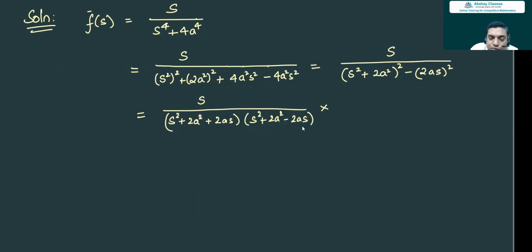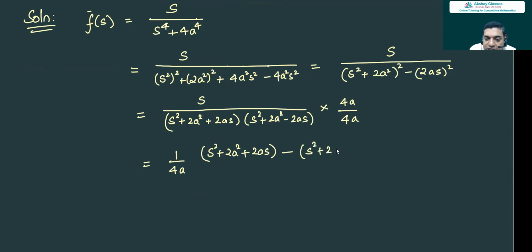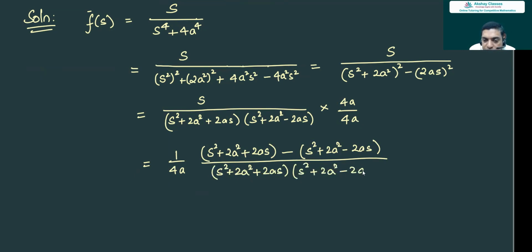I have 2as plus 2as, it is 4as. So if I multiply and divide by 4a, in the numerator I get 4as. So now 1 by 4a, this 4as I can write as s square plus 2a square plus 2as minus s square plus 2a square minus 2as, upon the product of these two factors.